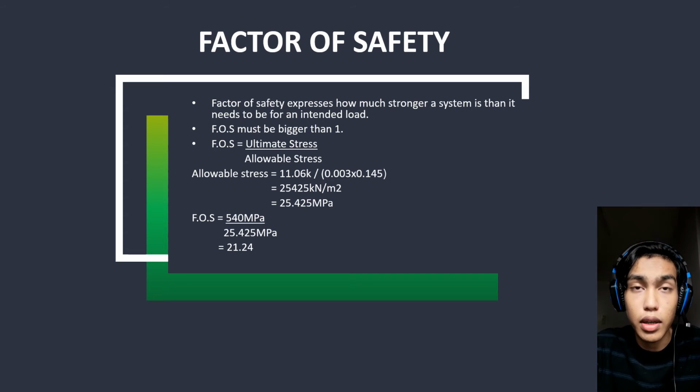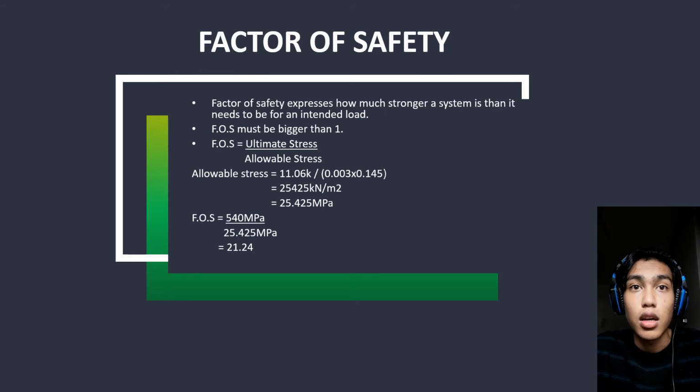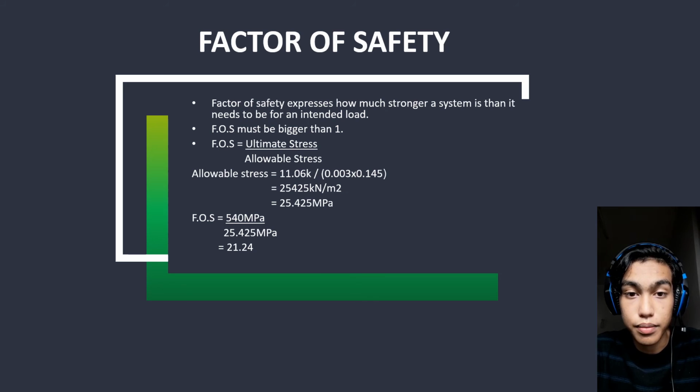We can achieve our allowable stress by using the force in the free body diagram. The allowable stress that we have achieved is 25.425 megapascal. So, by using the formula of factor of safety, we finally have the result of 21.24.